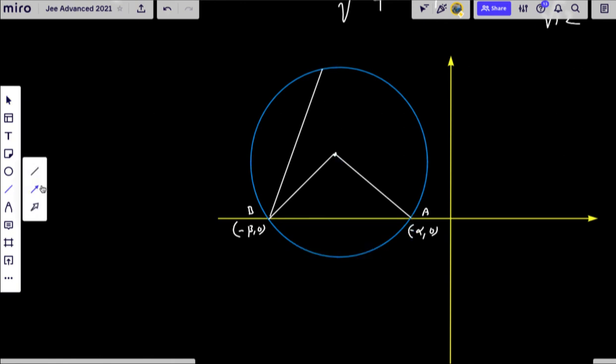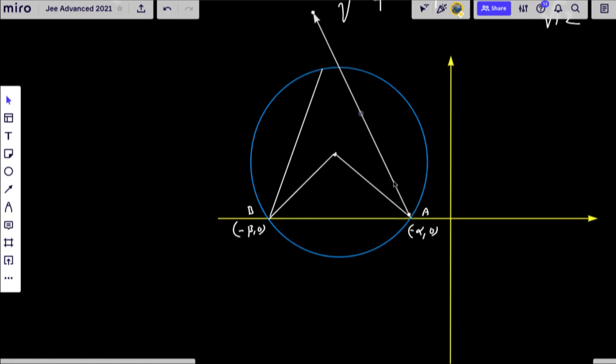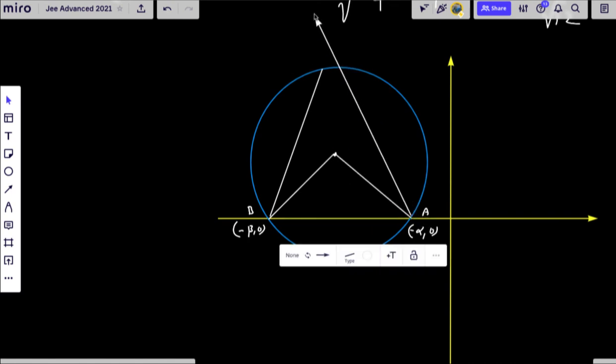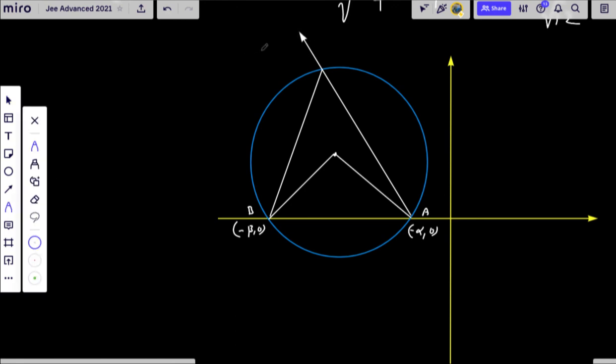So what we get over here, let me see this line like this, and we can join this line now. Then what we see here, let me extend this line like this way. So this is, let's say, z, which is z minus alpha. So we can say this length will be z minus of minus alpha.